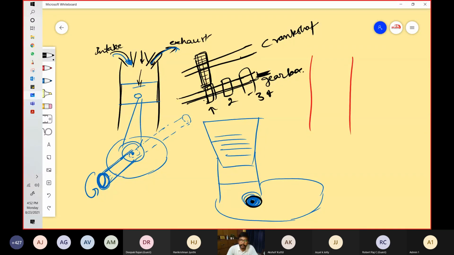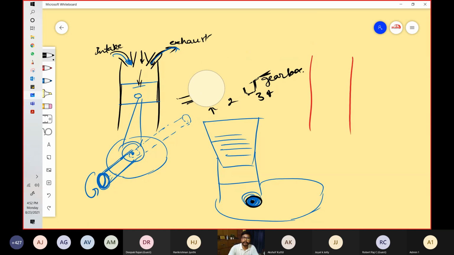If it is in contact with this gear, this will rotate and this will produce the power. If it is in contact with this gear, it will produce power. Tomorrow I'll show you the details of this, how the gearbox works and how the crankshaft transfers its power to the various gears. So now you just understand that this is the system of power transmission in a 4-stroke engine.